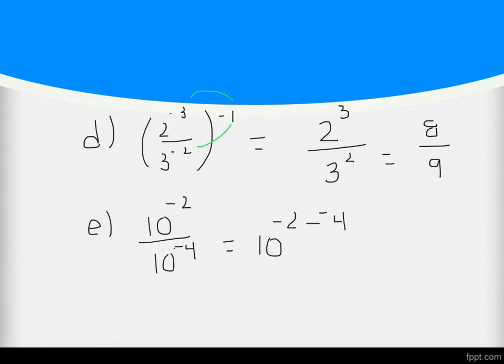So I'm subtracting a negative 4. That is the same as adding positive 4. A double negative becomes a positive. So I basically get 10 to the positive 2 power because negative 2 plus 4 is positive 2. And 10 to the second power is the same as 10 times 10, which is equal to 100.